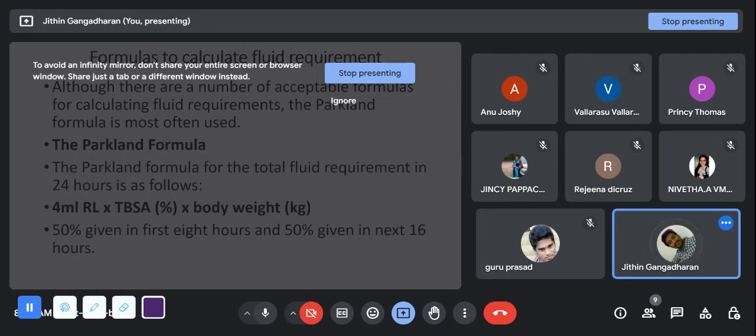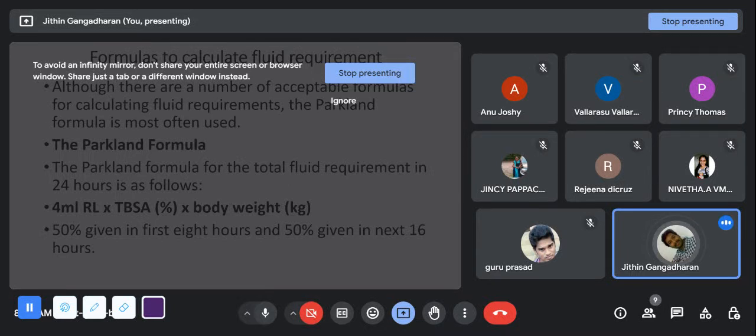What is the amount? Yes, it will be around 8,400 milliliters, so about 8 liters of fluid you have to replace for this patient.